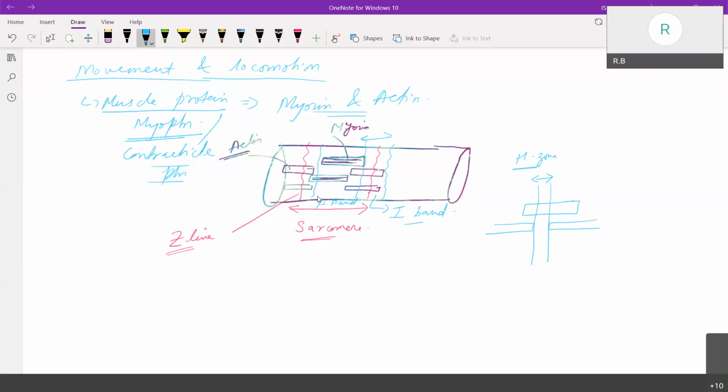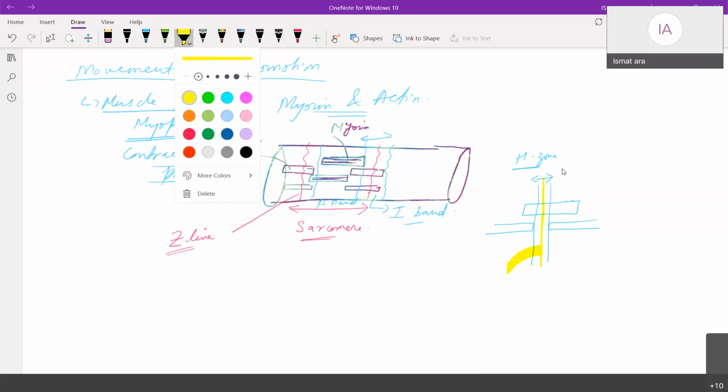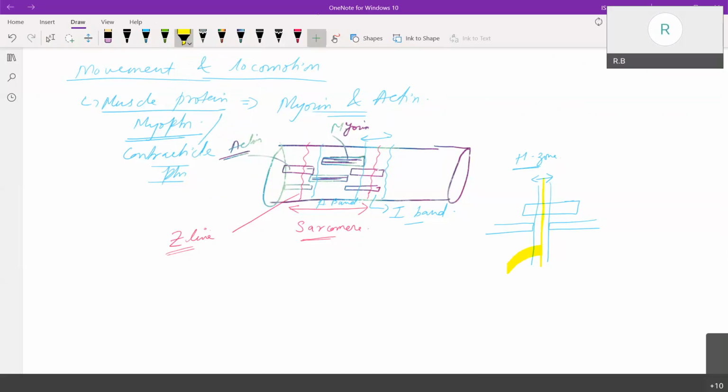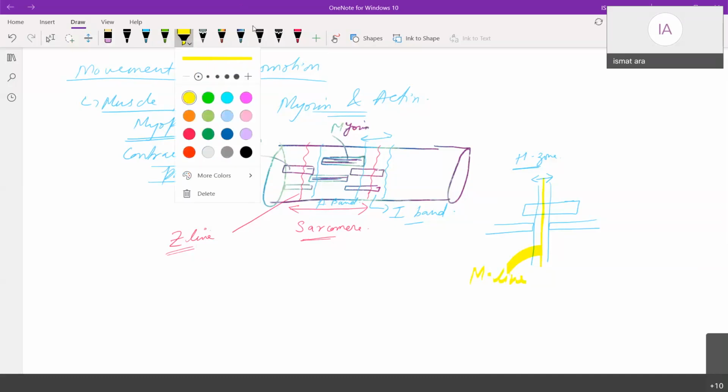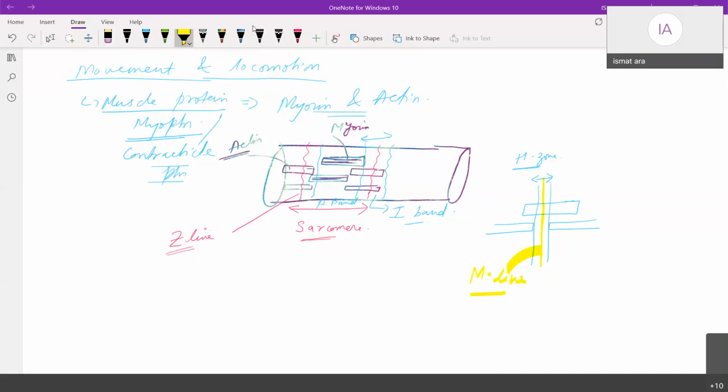And in the middle, suppose this one. Now this line is called M line.